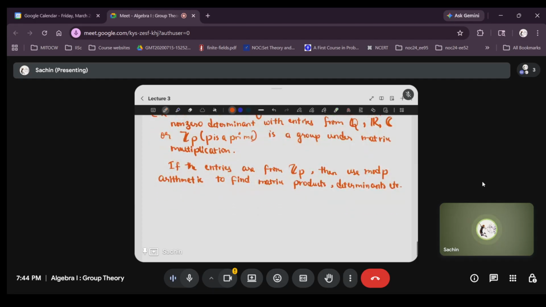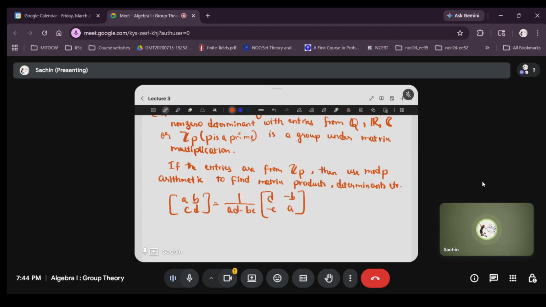And another change is that earlier we had said for the matrix a, b, c, d, the inverse was 1 over ad minus bc times d, minus b, minus c, a. But for Zp, we don't have a definition of division. So we haven't defined any division operation there.